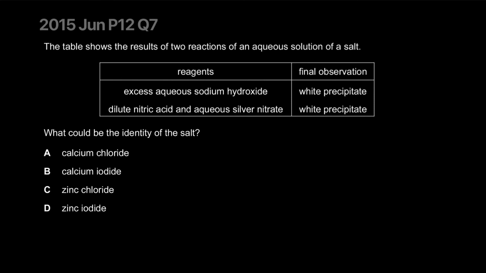Notice how it says excess. When you add excess NaOH, zinc essentially will first give you a white precipitate that dissolves on further addition. It dissolves in excess, whereas calcium does not.